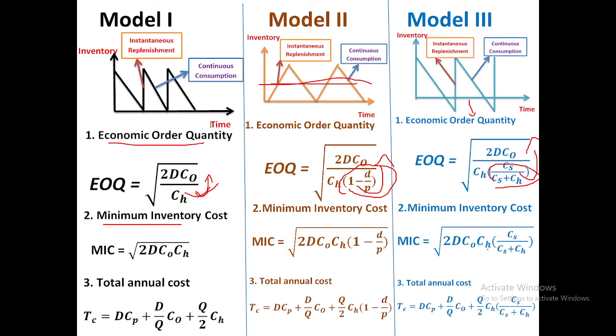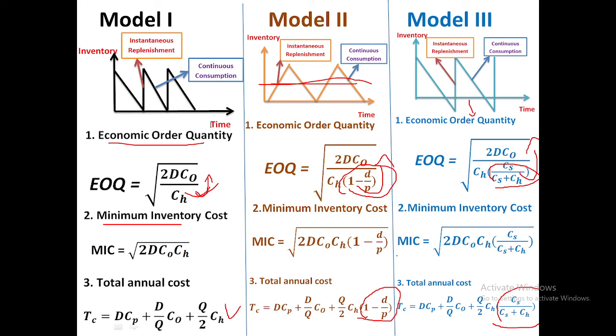So it is 2D C naught CH into CS divided by CS plus CH. The total cost is TC equals D by Q C naught plus Q by 2 CH. Here it is CH into 1 minus D by P, and here CH into CS divided by CS plus CH.